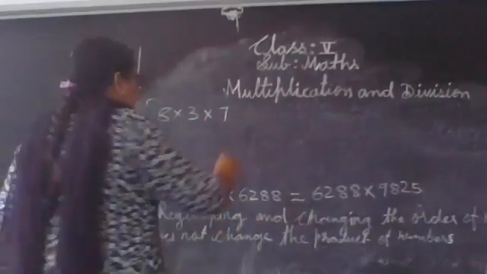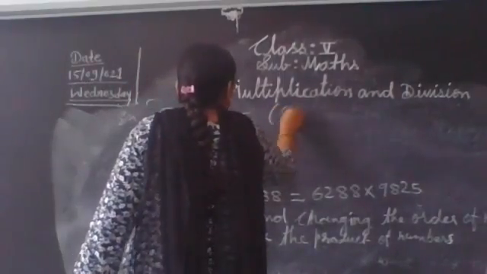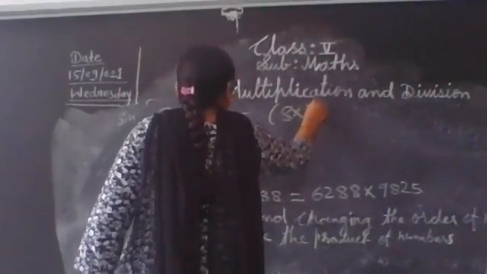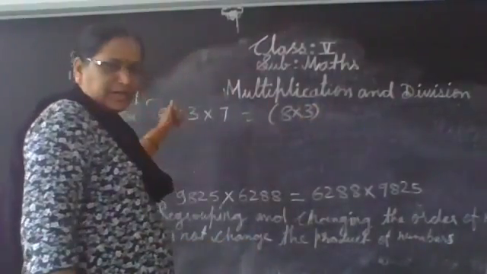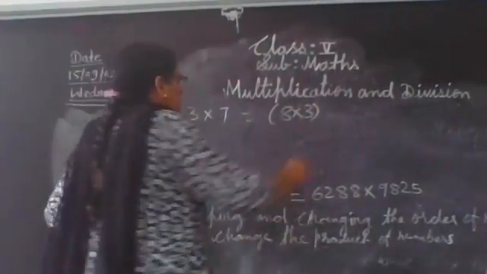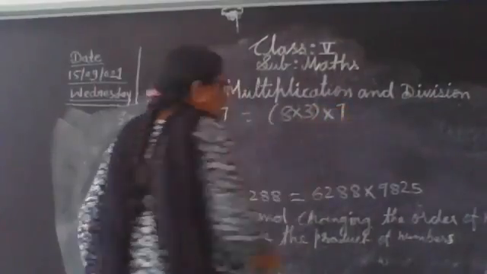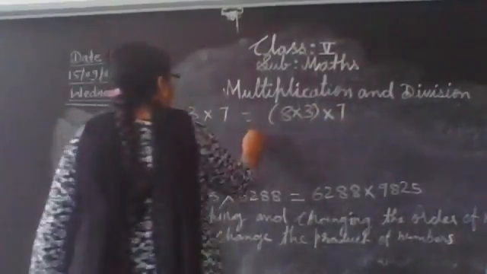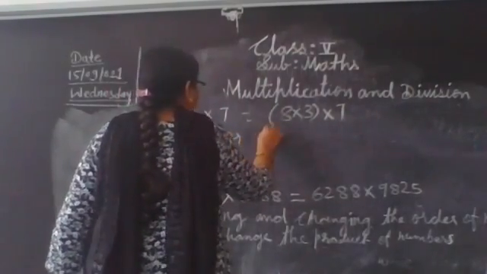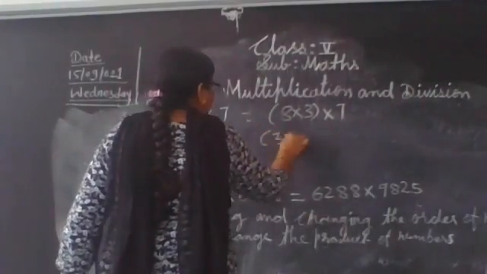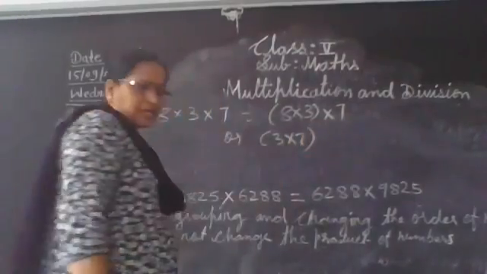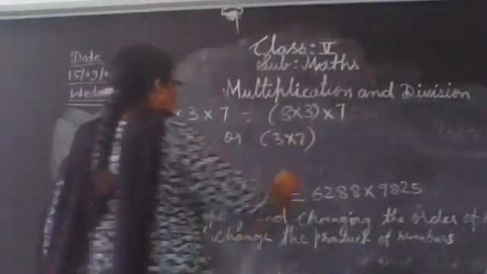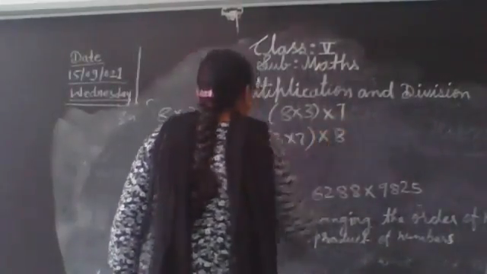You can first multiply 8 and 3, and whatever product you get, multiply it by 7. Or if you wish, multiply 3 into 7, get the product and then multiply it by 8.